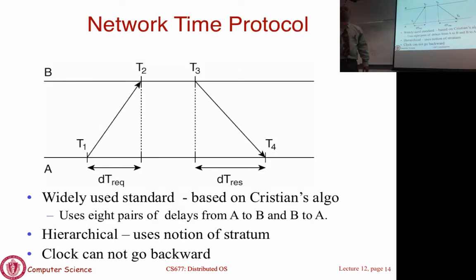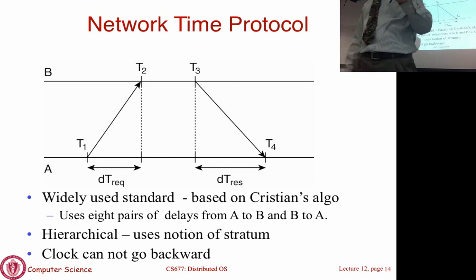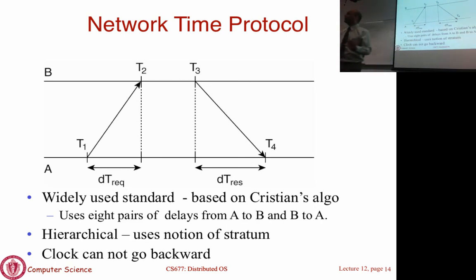So with that, we'll talk a little bit about NTP. NTP is now a widely used standard. If you have any computing machine, you will see that by default it is synchronized with a time server. You can pick whatever time server you want. Typically, that time server will run NTP. There are many default ones.